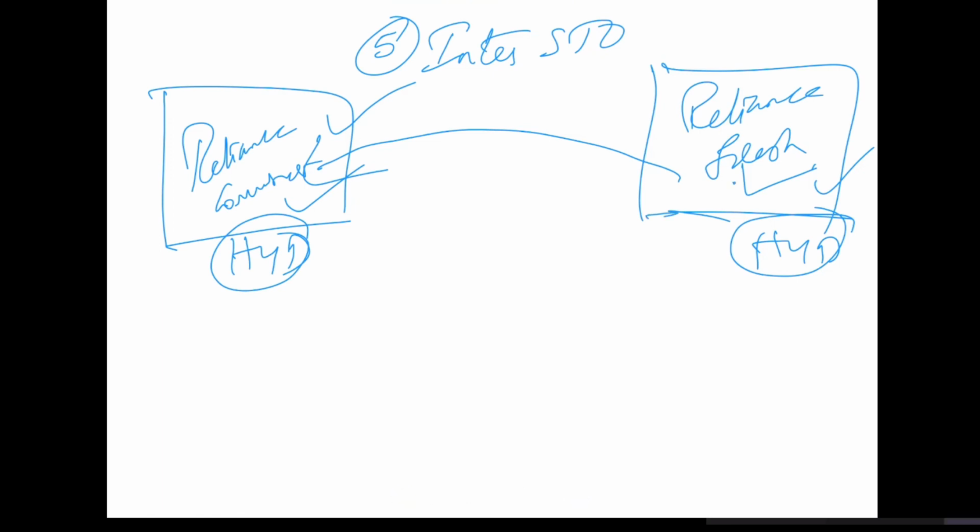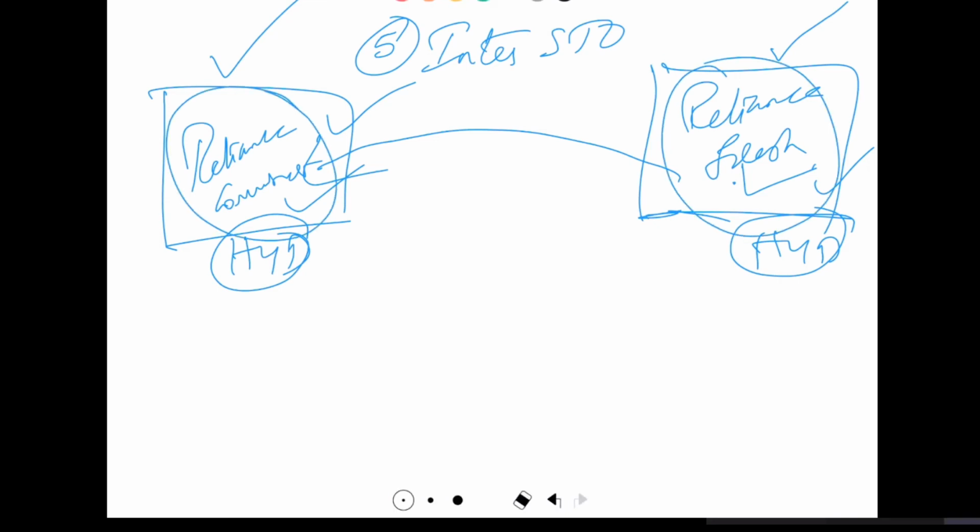Now, I said Reliance Fresh is a different entity and Reliance Communication is a different entity. So in those cases, what will happen? Legally it is different, and you are maintaining separate accountings. When you are transferring from Reliance Fresh to Reliance Communication, it is just like vendor and company.